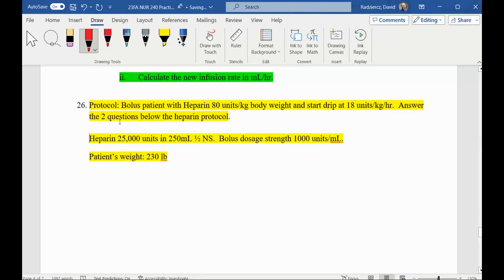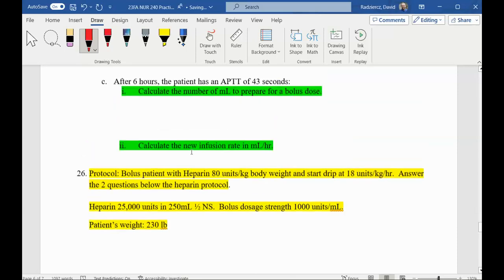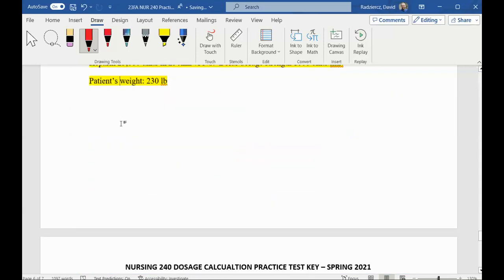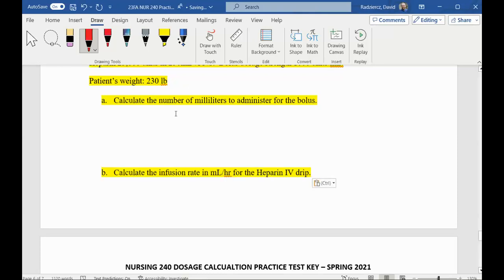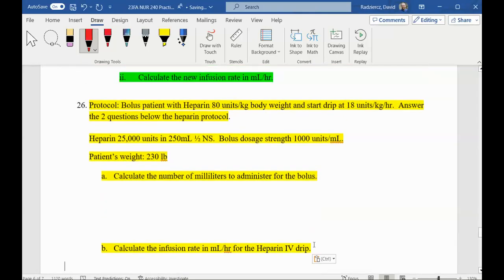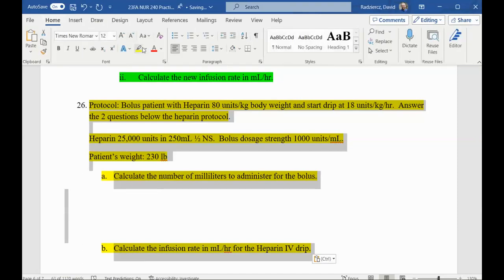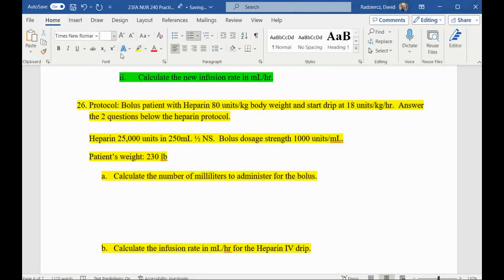Just give me 1 second. I want to get rid of my highlighting here. Try to at least.